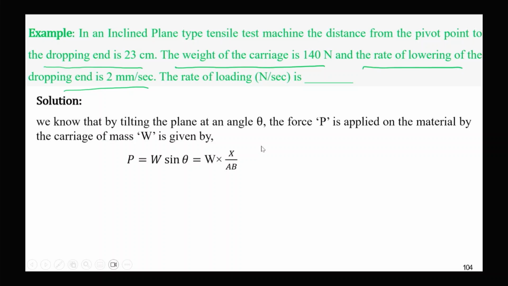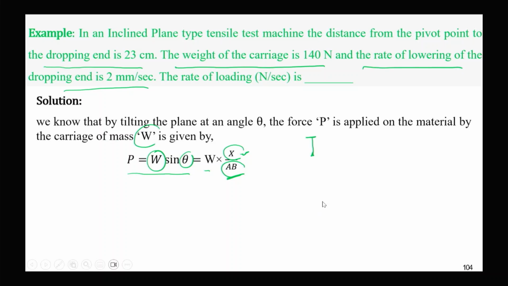So we know the relationship P equal to W sin theta, where W is the weight of the carriage and theta is the angle of deflection, which is equal to W x by AB. AB is known, it is constant, and x is the amount of lowering.